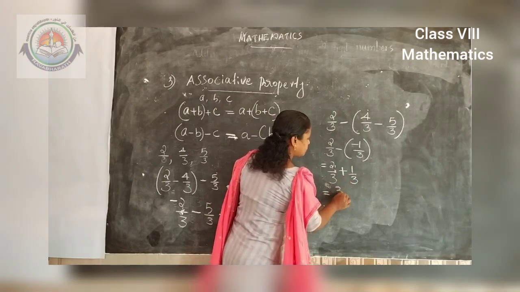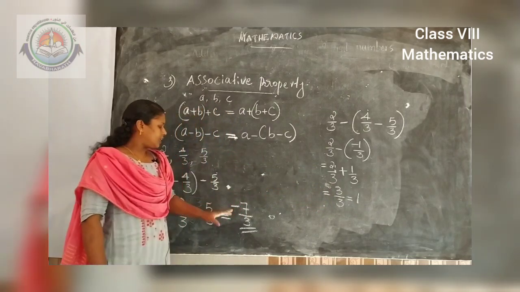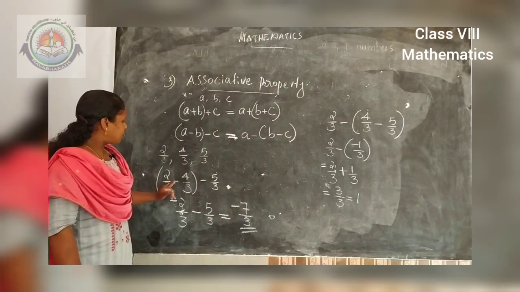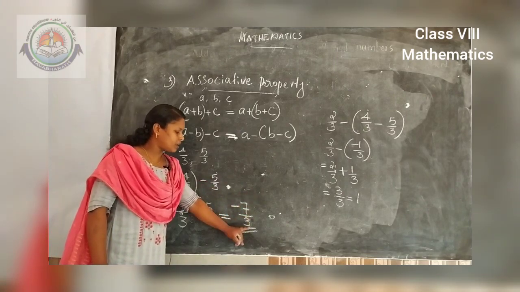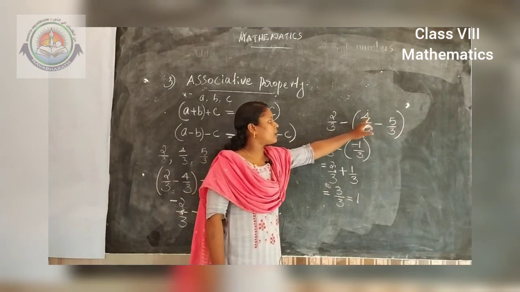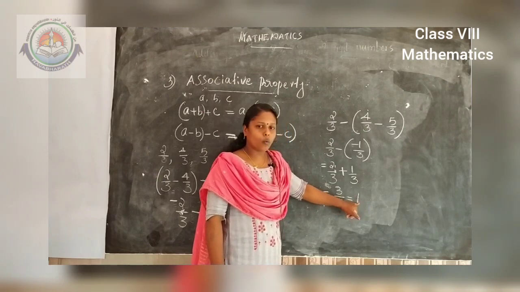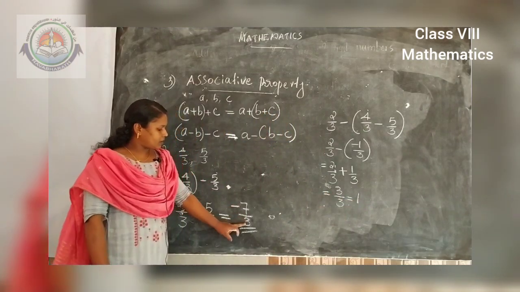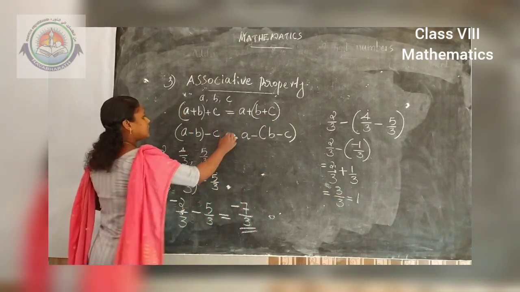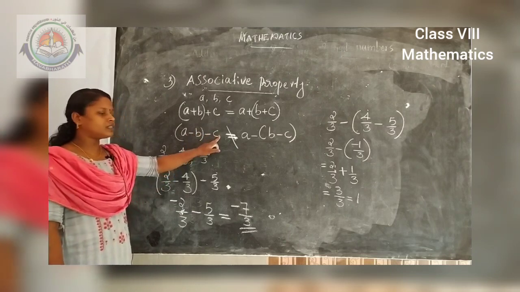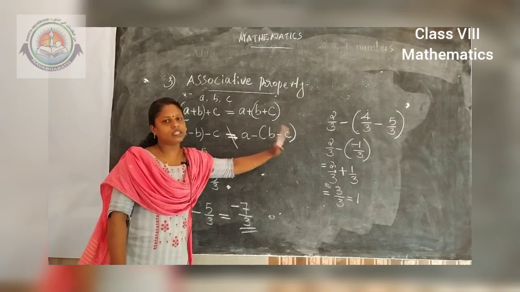So 2 by 3 plus 1 by 3 is 3 by 3, that is 1. Here (2 by 3 minus 4 by 3) minus 5 by 3 is equal to minus 7 by 3. And here we first subtracted 4 by 3 minus 5 by 3 and our answer is 1. That is, negative 7 by 3 is not equal to 1. Therefore, we can say that (a minus b) minus c is not equal to a minus (b minus c).